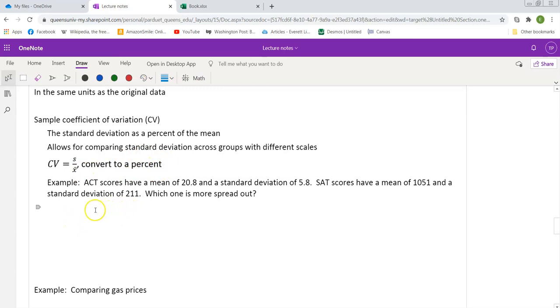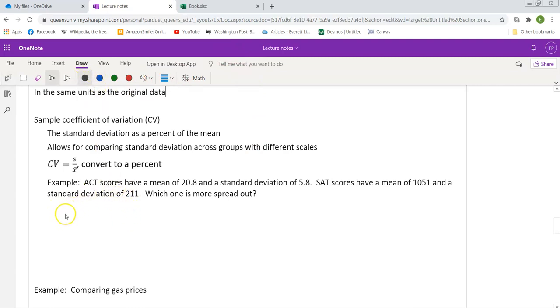So let's look at an example, a prime example where this is a useful thing to do. If you want to compare which one's more spread out between ACT scores and SAT scores, those are on two different scales. So you can compute the coefficient of variation for both of those and see which one is larger.